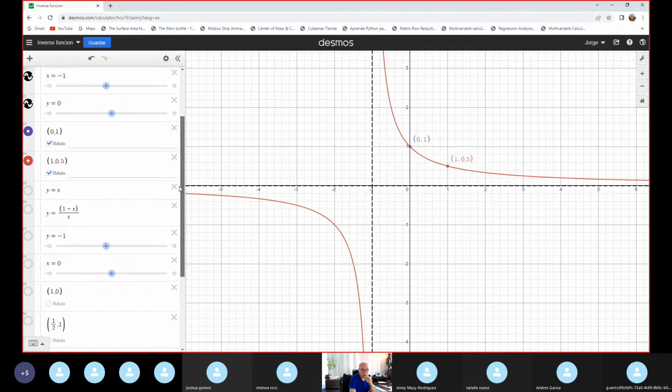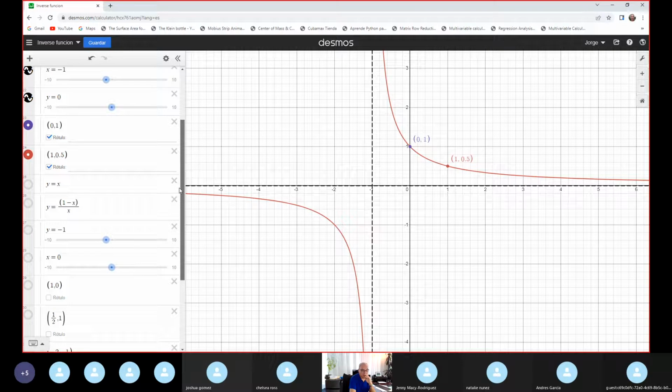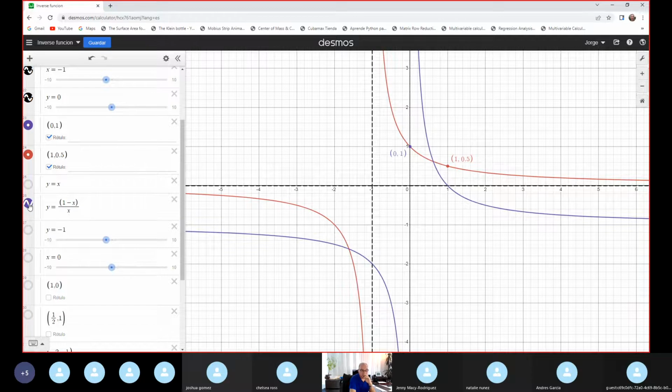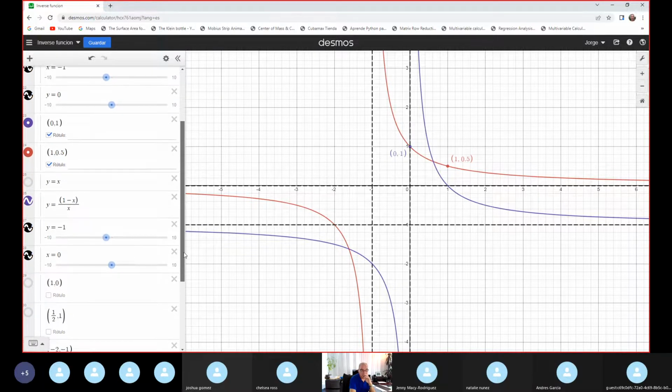Okay, now it's clear, I suppose. Now the inverse function, I determined algebraically, looks something like that. And this has horizontal asymptote at y equal -1, and vertical at x equals 0. Do you see how?